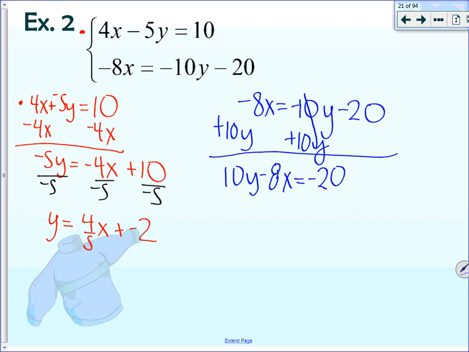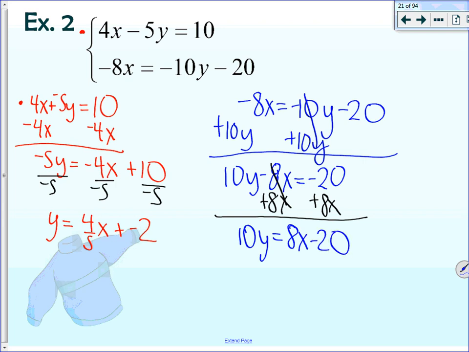And then add -8x. Add negative 8x. So this is a negative 8x. Add 8x. Okay. What's next? 30 divided by 10.